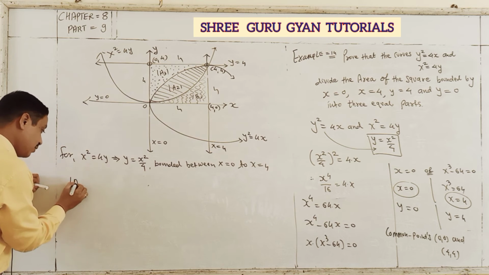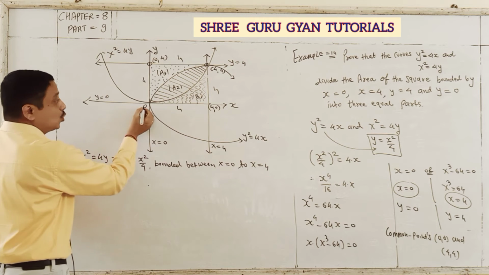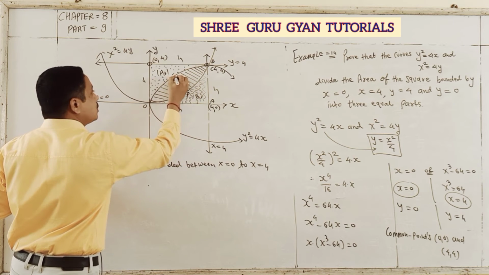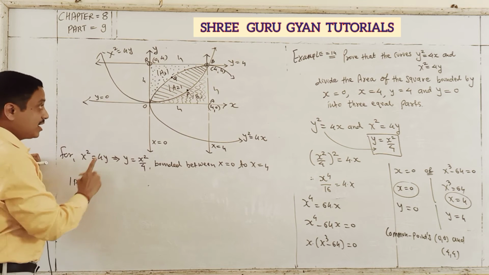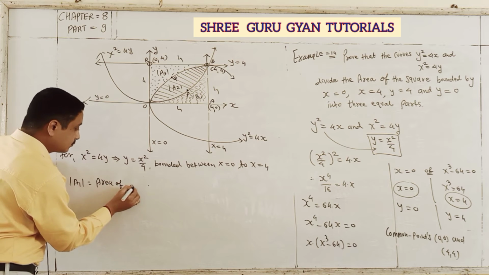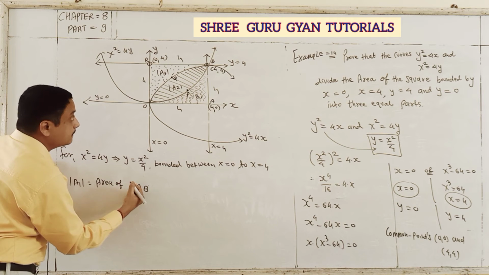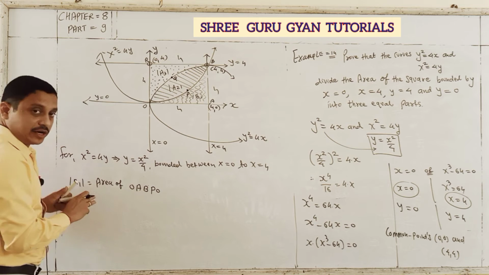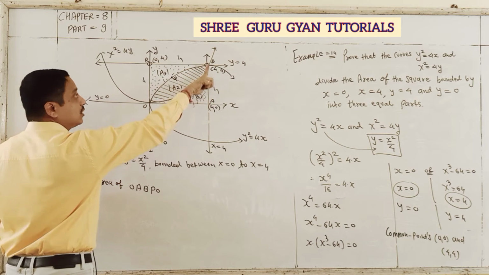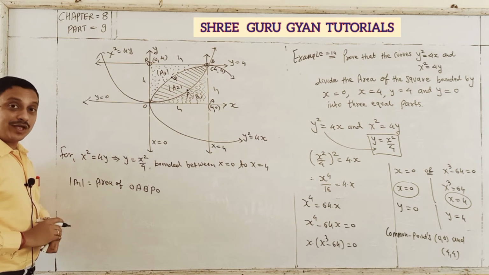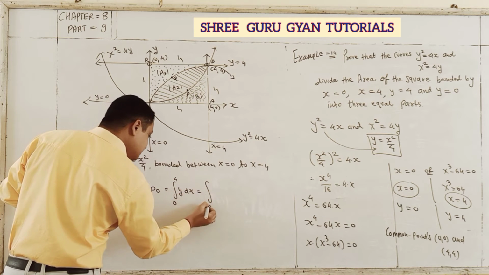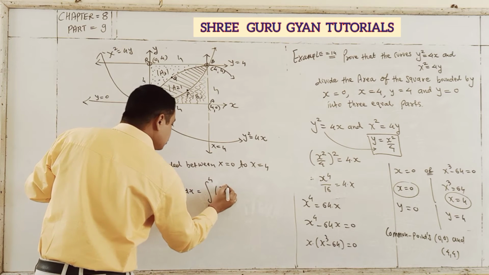For area A1, you can name the points O, A, B, P, Q, R. The area O, A, B, P, O is bounded between 0 to 4, y dx, and y becomes x square by 4.